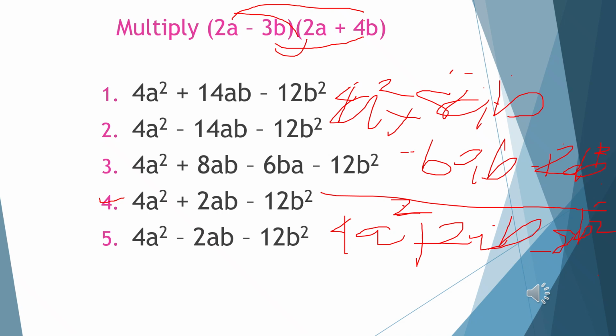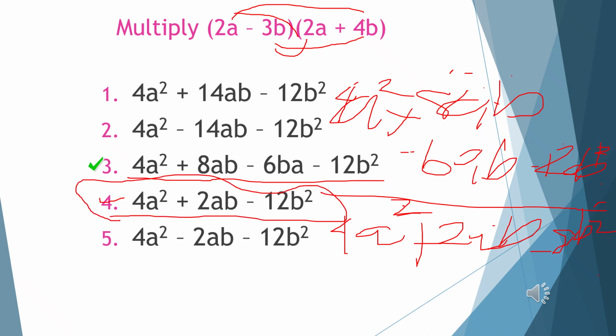So the final answer is 4a squared plus 2ab minus 12b squared. So which is this number 4. But the answer suggests that number 3 is also correct, though this is also correct because it's not yet simplified, but the really final answer is number 4. It's already simplified. Okay, get it?